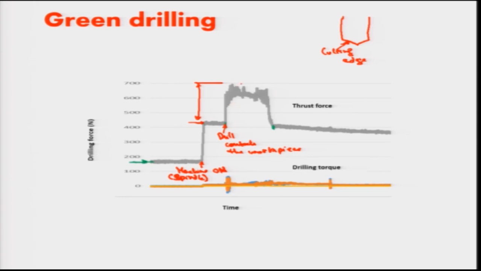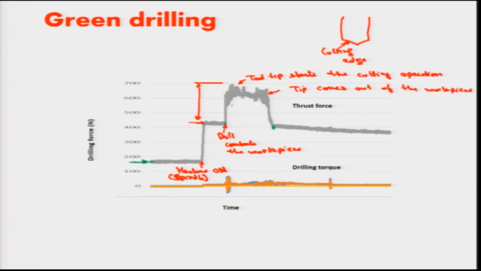Now here the tool tip starts the cutting operation. Then at this point, the tip comes out of the workpiece.